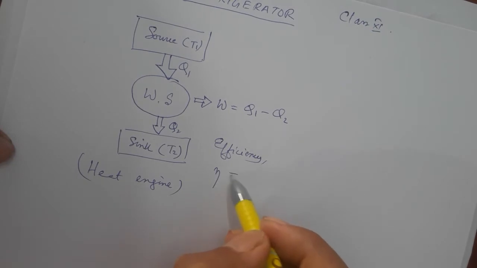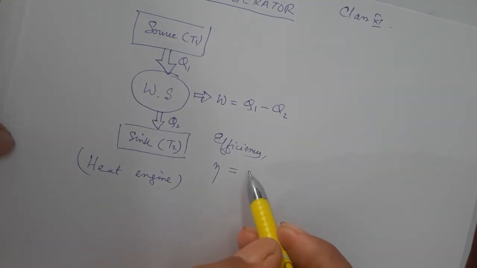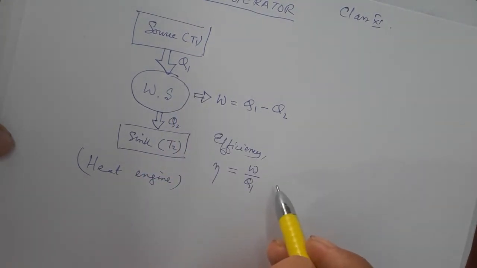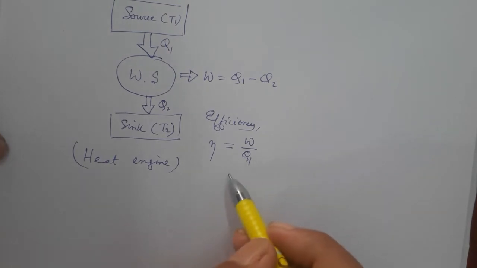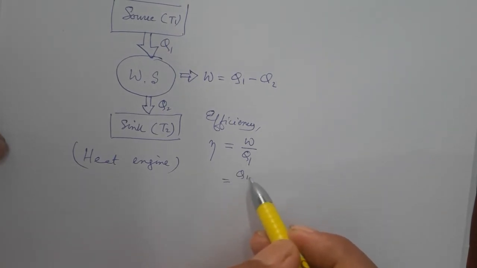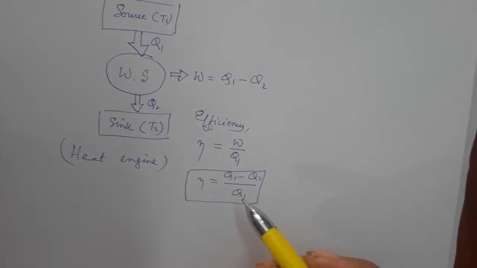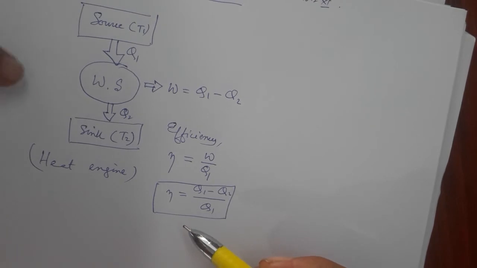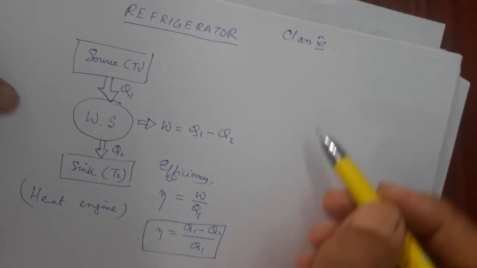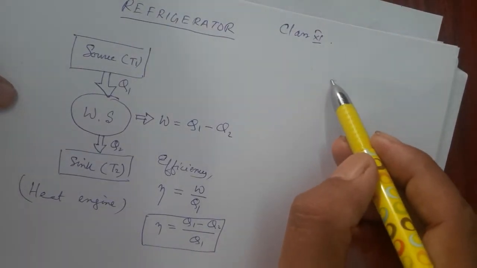The efficiency was calculated as eta is equal to this work done divided by Q1. We calculated like this. And this was equal to Q1 minus Q2 divided by Q1.